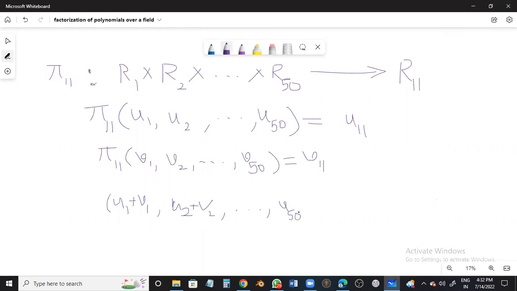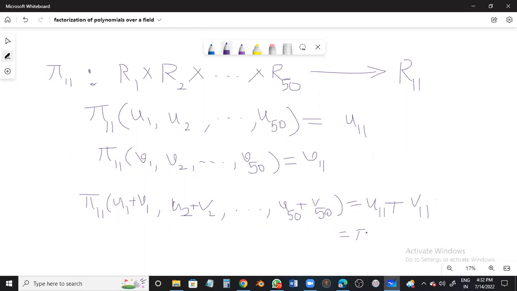U50 plus V50. Yes, U50 plus V50 I have. This is the sum of these two vectors. Let me apply this pi 11 on this. What will be my output? Expected output: U11 plus V11. Yes, the 11th component comes out to be U11 plus V11. So what is U11? U11 is the output of this pi 11, isn't it?